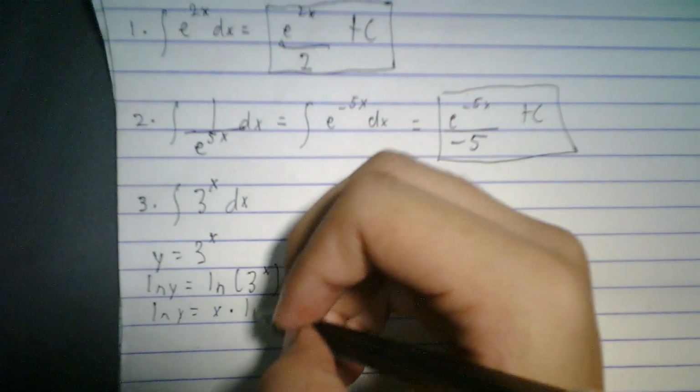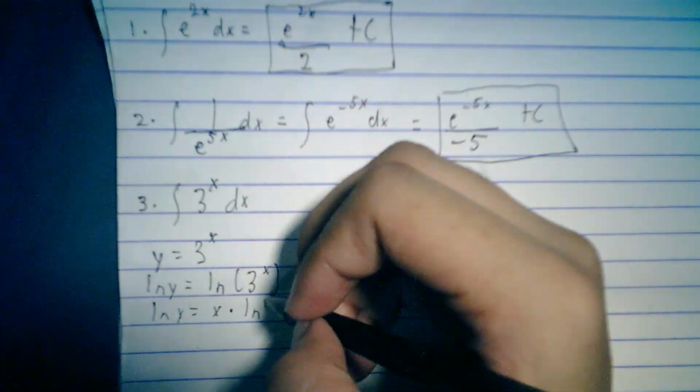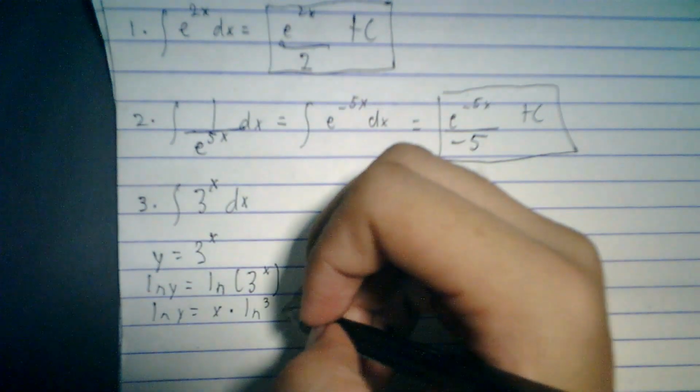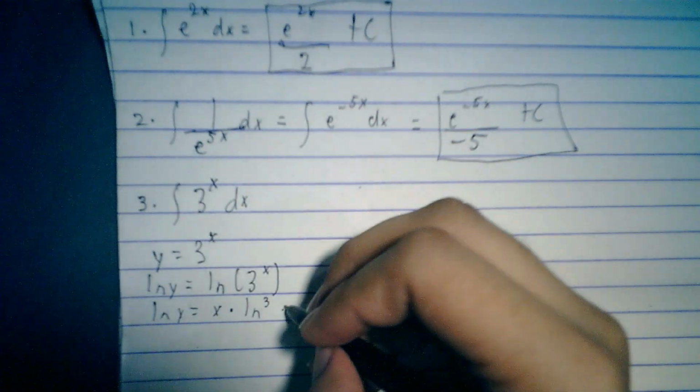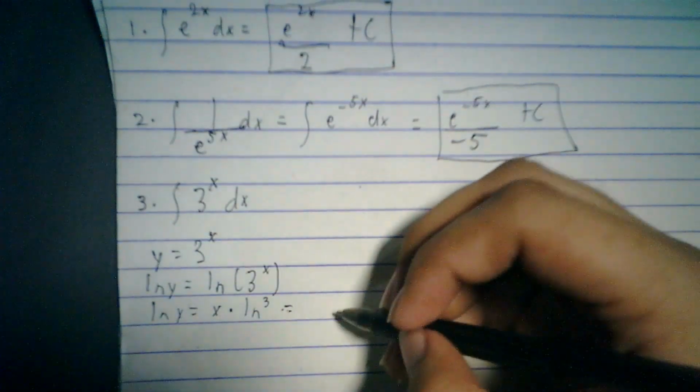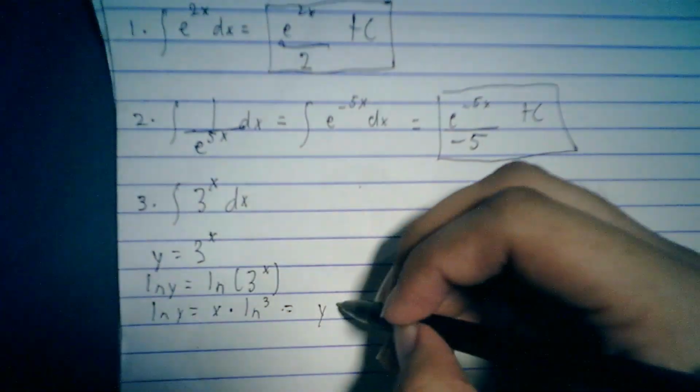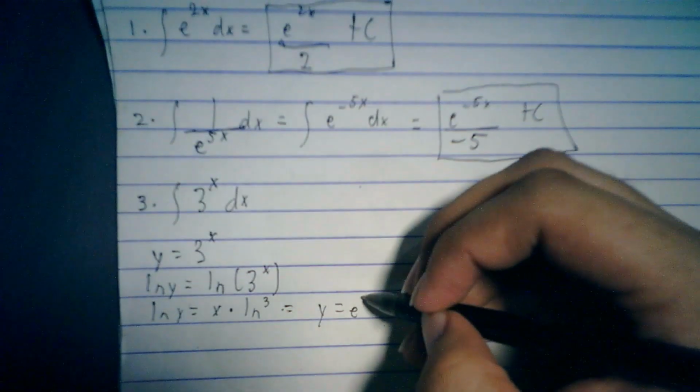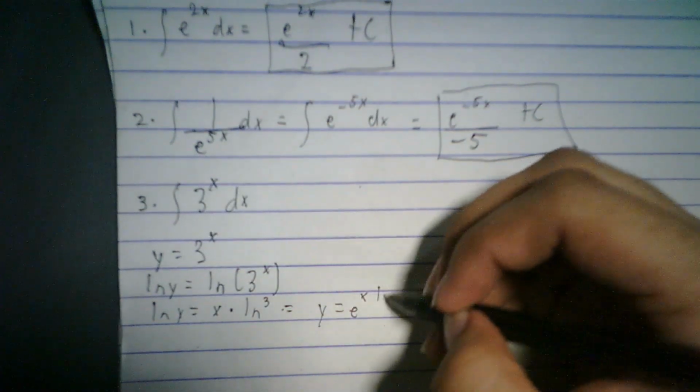times ln of 3, and then y is equal to e raised to x ln of 3.